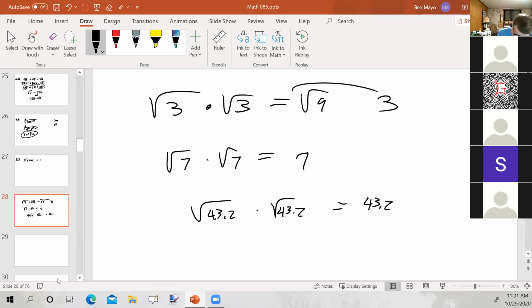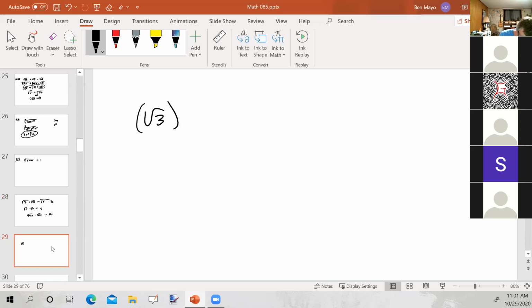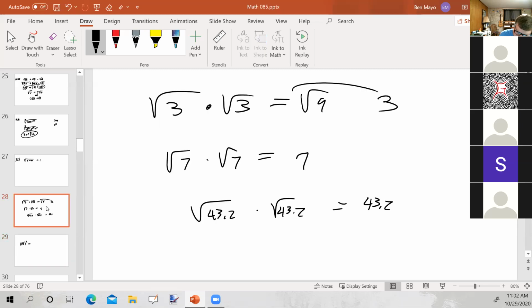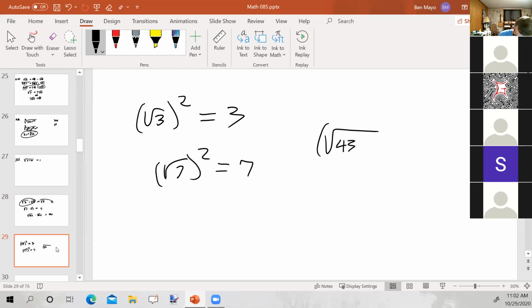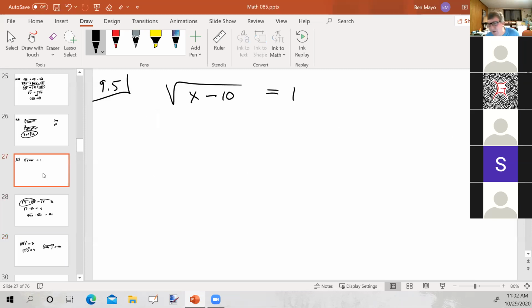Now, what's the square root of 3 squared? 3. Isn't that the same thing as that? Yeah. What's the square root of 7 squared? 7. What's the square root of 43.2 squared? 43.2.